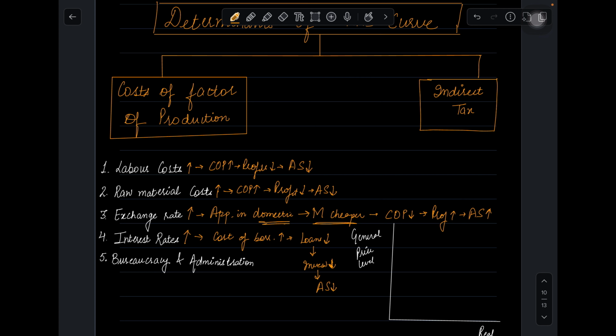Then we have bureaucracy and administration. If there are strict rules and regulations and legal things, then aggregate supply will definitely decrease because of all the hassle created by these rules and regulations. Whereas if the policies, rules, laws are lenient, aggregate supply will increase.